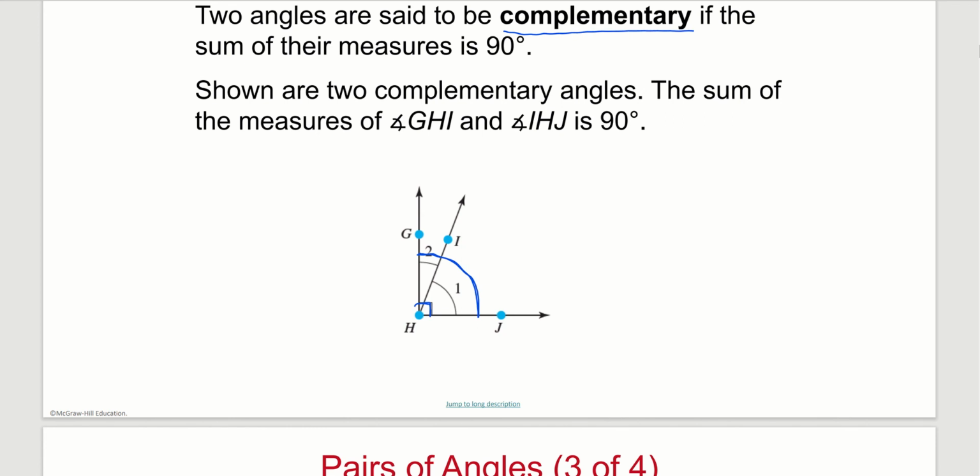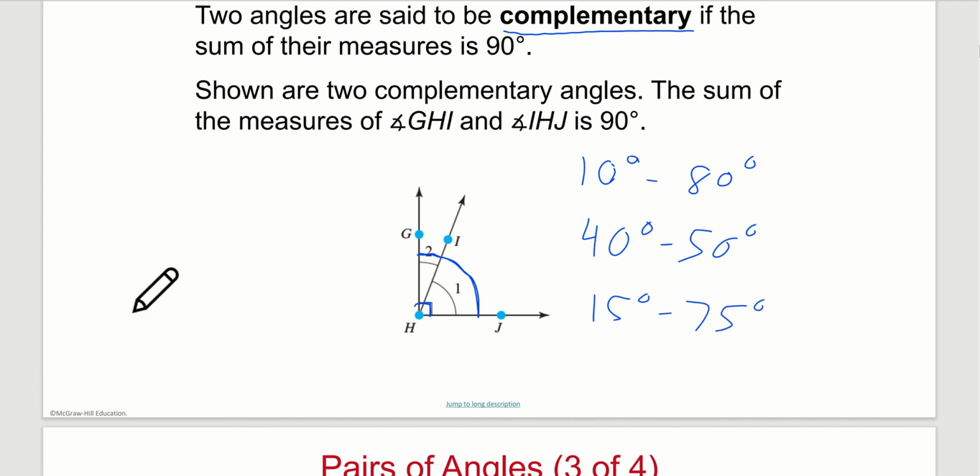Examples of complementary angles would be 10 degrees and 80 degrees. If you take 10 plus 80, that gives us 90. You could even have 40 degrees and 50 degrees, or 15 and 75. These would all be examples of complementary angles.